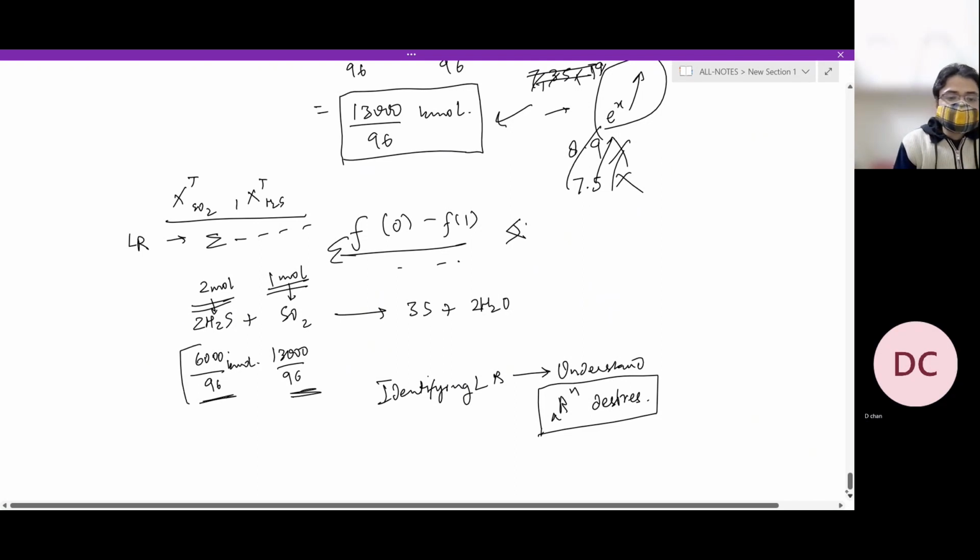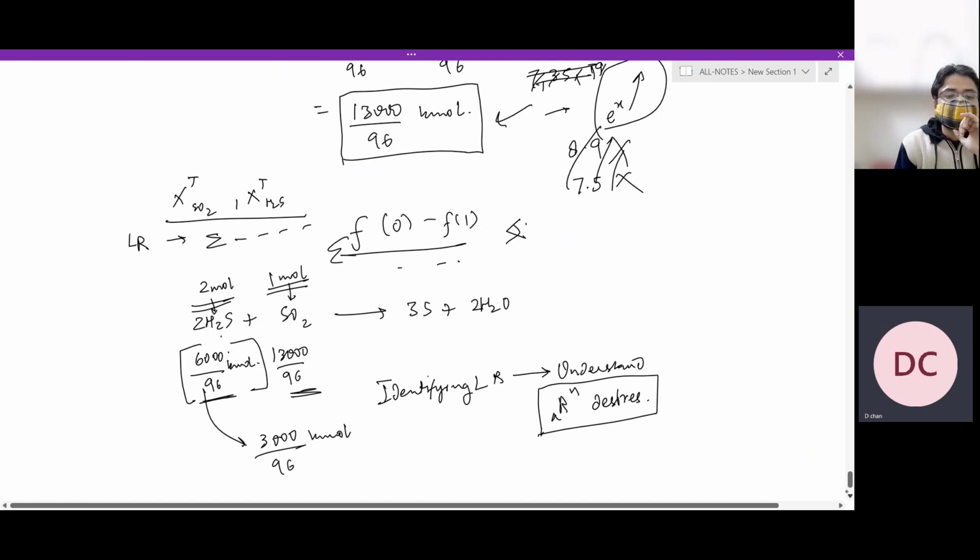Let's say you've got a total of 6,000/96 kilomoles of H2S. Then what does the reaction want? It wants only 3,000/96 kilomoles of SO2. What are you actually giving to it? You are giving more than 4 times this value, right?